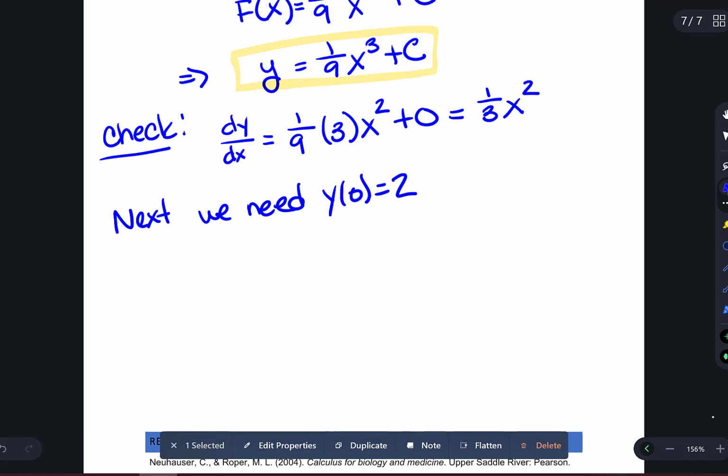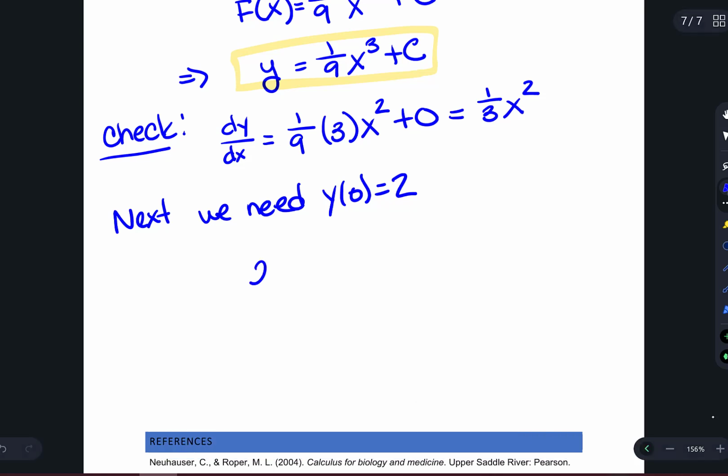All we're going to do is start with this highlighted piece here. If we substitute in x equals 0, we should end up with 2. In other words, 2 is equal to 1/9 times 0 cubed plus c. And if we solve this, we find that c is equal to 2.